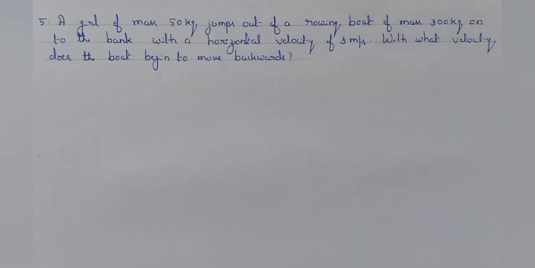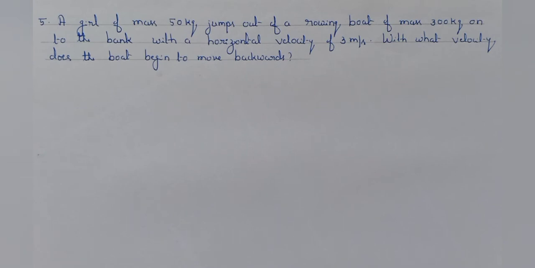Next question. A girl of mass 50 kg jumps out of a rowing boat of mass 300 kg onto the bank with a horizontal velocity of 3 meter per second. With what velocity does the boat begin to move backwards?